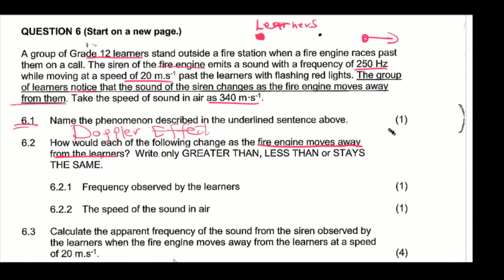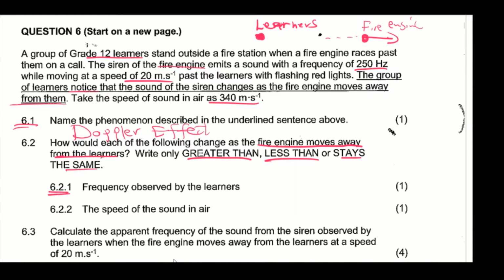So it's moving away from the learners. They say, how would each of the following change as the fire engine moves away from the learners? Write only greater than, less than, or stays the same.